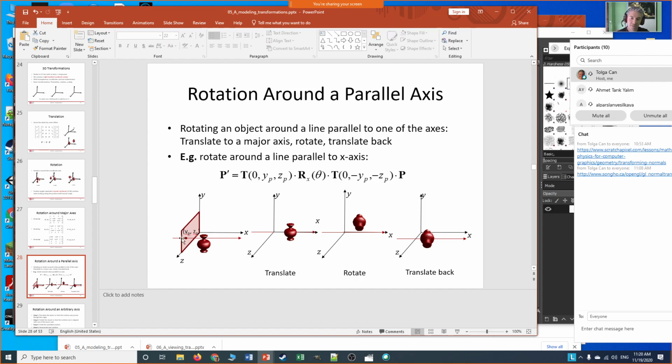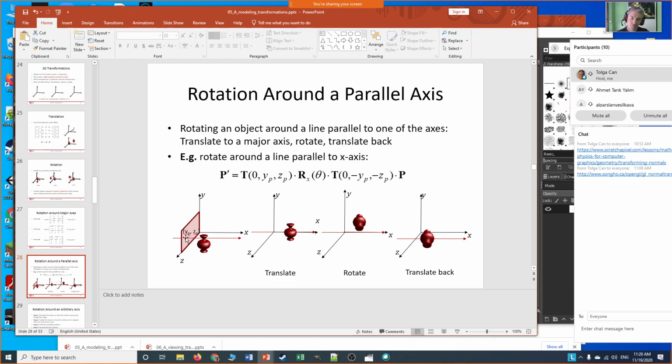If you try to rotate around some line which is parallel to the x-axis, this line could be indicated by the point on the yz plane where this line intersects; it's going to have x coordinate 0.